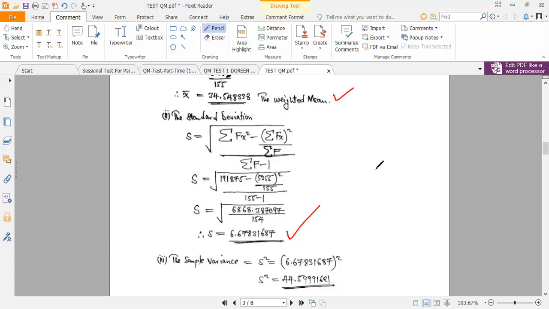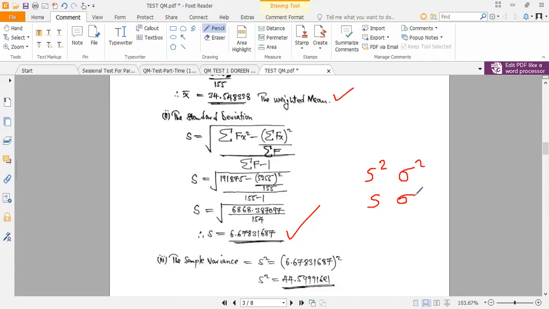Our sample variance has this symbol. Our population variance has this symbol. Our sample standard deviation has this symbol. Our population standard deviation has this symbol.